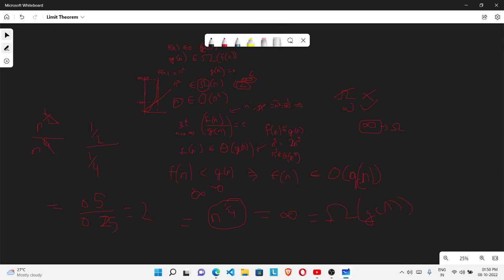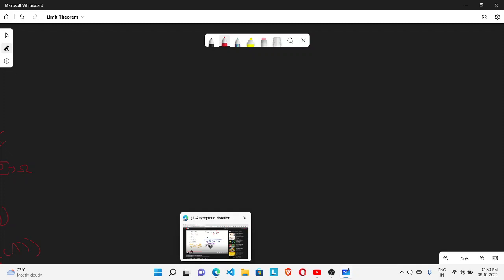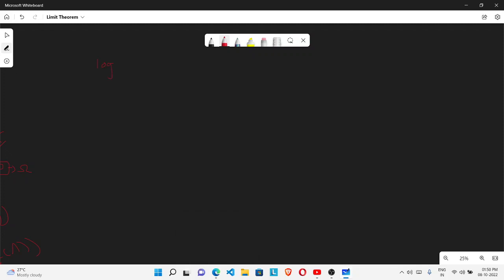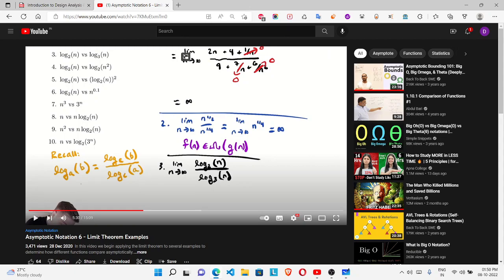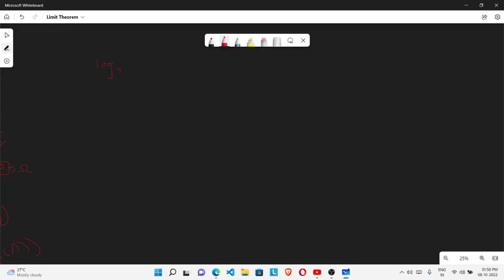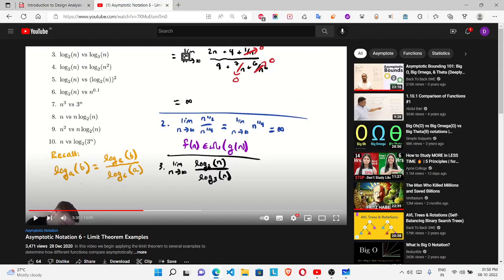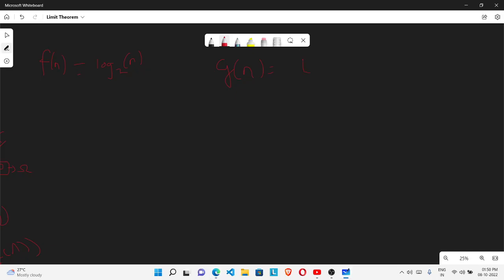So I'll get a new space to solve this. We have log n base 2 as f of n, and g of n is log n base 3.